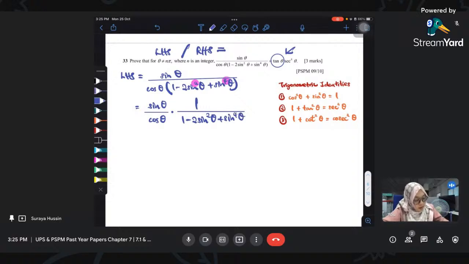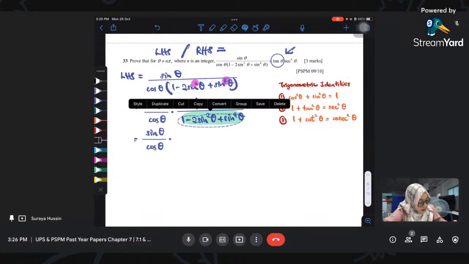Okay, so dekat sini jangan takut. You know that you are almost there. Cumanya tulis lagi lah, masih lagi dalam sine and cos, just put it there first. Dekat sini is where you can make some changes. Here I'm gonna highlight this and duplicate this.